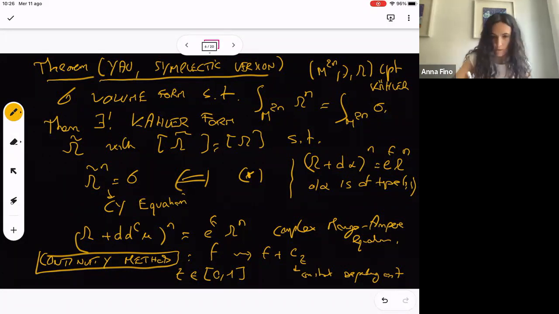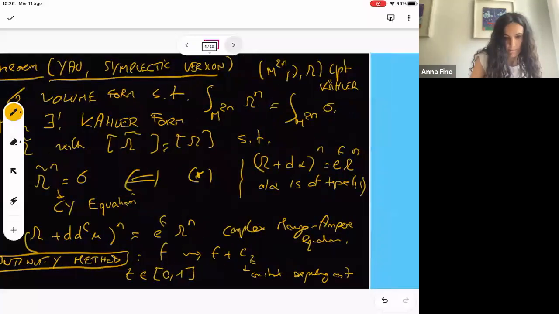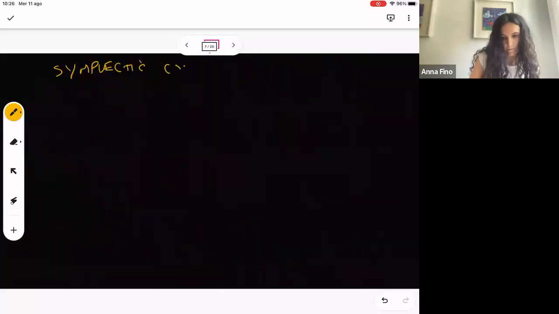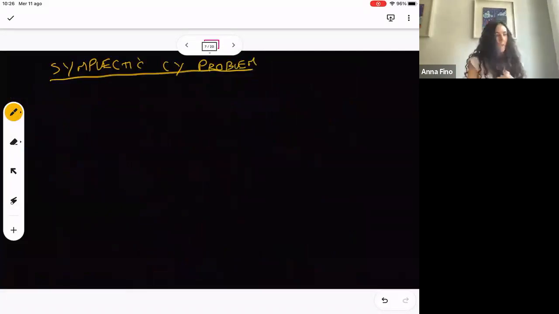Okay, so let's go to the symplectic Calabi-Yau version. The formulation is similar, so it's just the same version in the almost complex setting. So everything is the same. We only have that J is not integrable anymore.